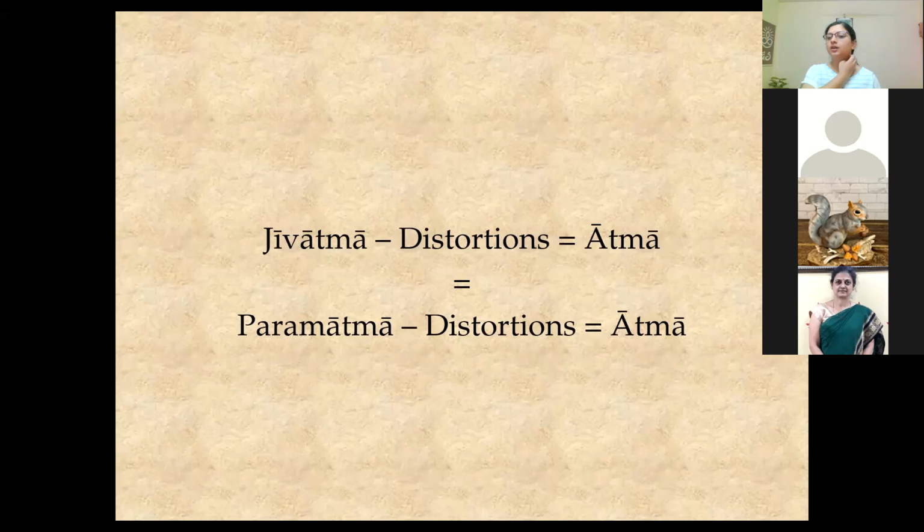So basically what this equation means is that Jivatma is RC, and RC minus the distortions we have got from RM is nothing but OC. And how do you go about this subtraction or dismissal? It is only through intellectual understanding. It cannot be a physical process at all.